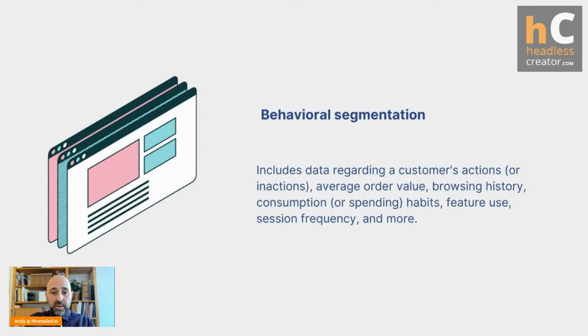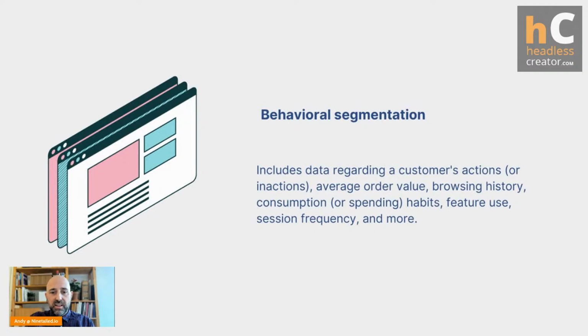But we also have behavioral segmentation. This is also very interesting, and this is really where digital data comes in. In this case, we can segment the users based on different actions or interactions.